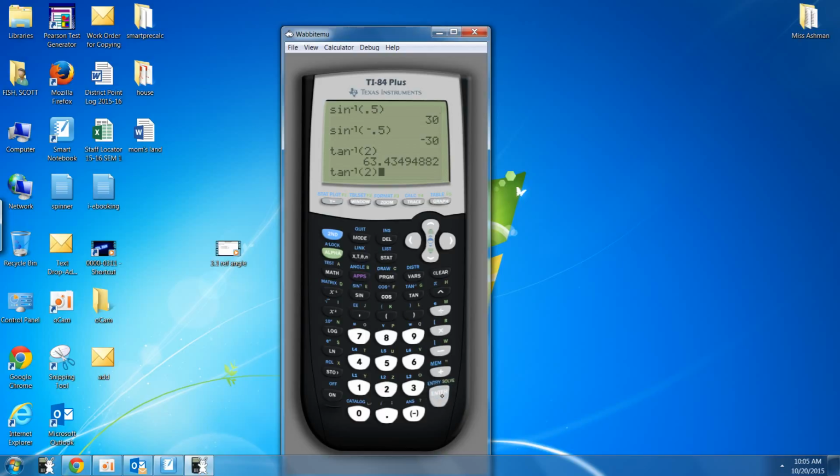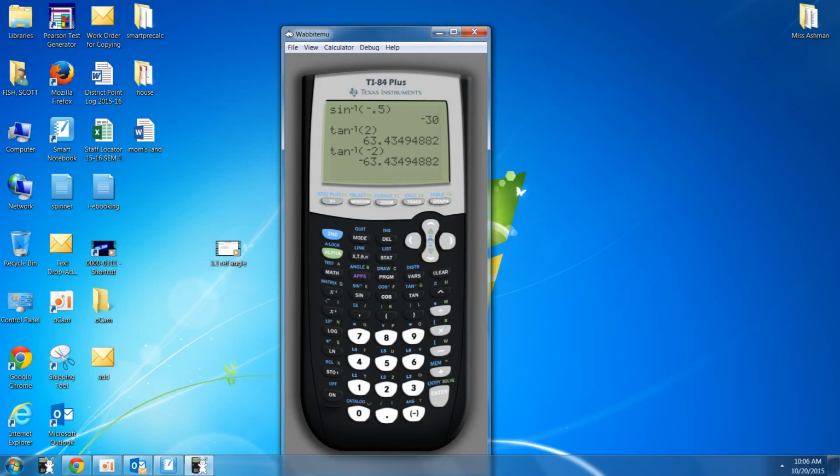Let's go ahead and insert a negative again, and you're going to see that you have a negative 63. Somewhat predictable. That could be my reference angle if I know what the number is, which would be negative 2.